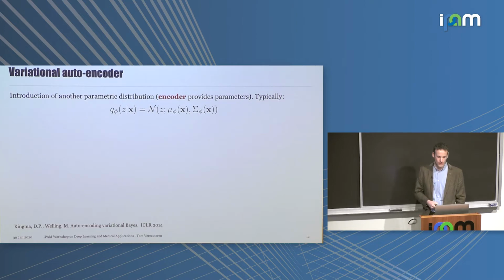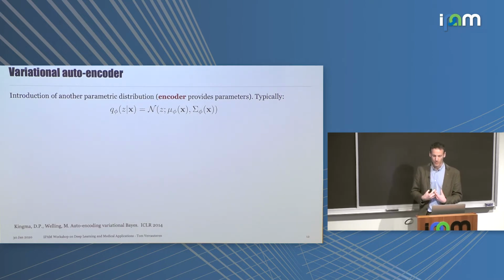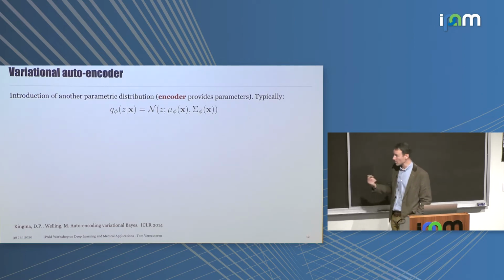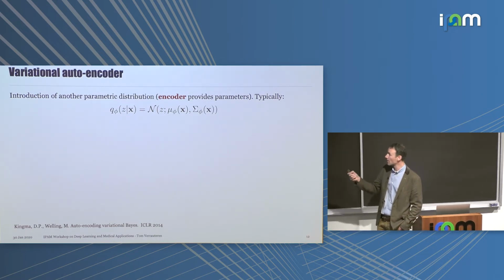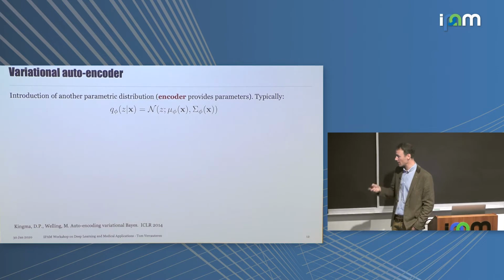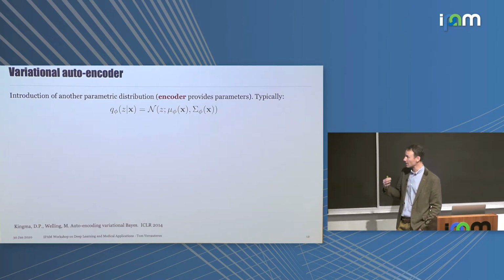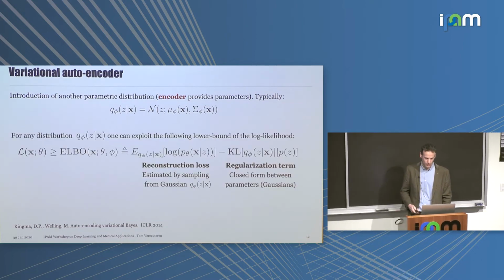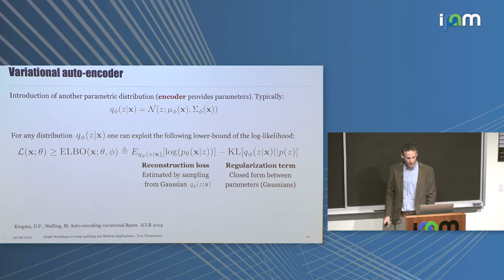So we introduce an additional parametric distribution, Q of phi here, which is just modeled as a Gaussian, where the mean and the standard deviation are essentially given by a network. So we encode the images, we get a mean and standard deviation, and this gives us the distribution Q. And then within the ELBO, this is what we get.